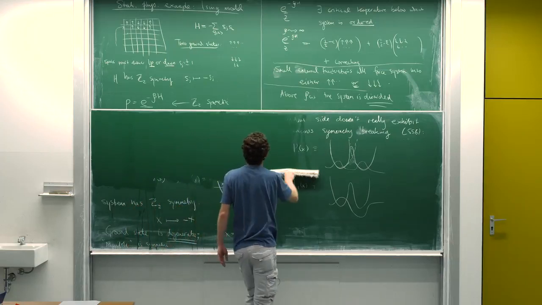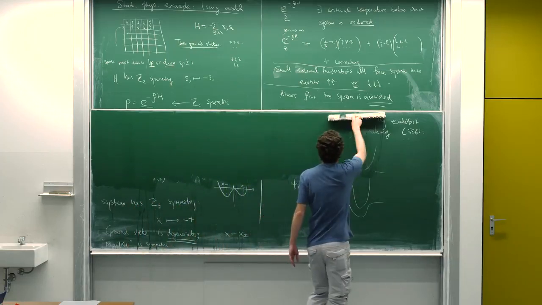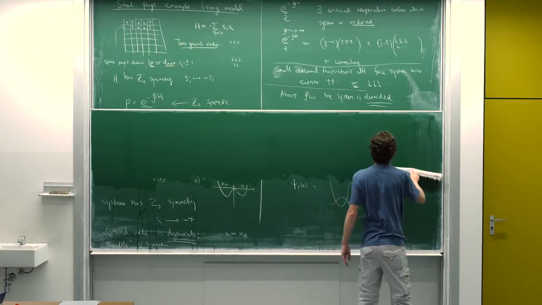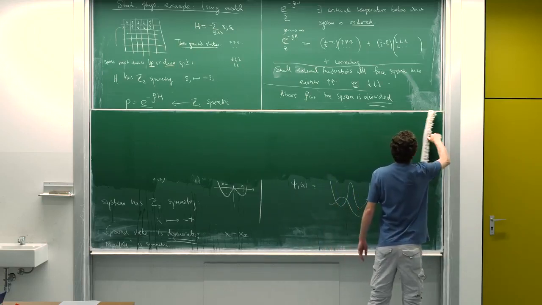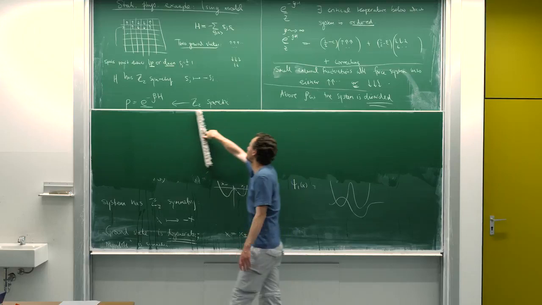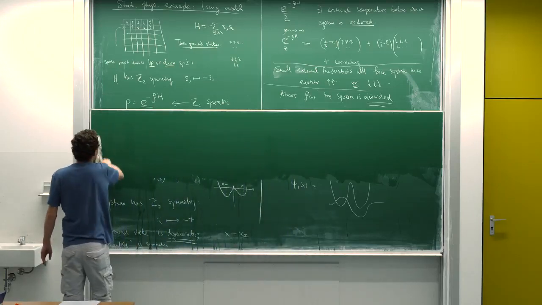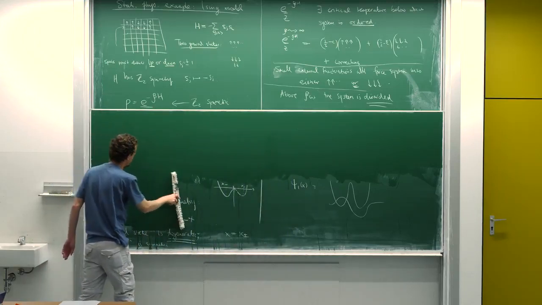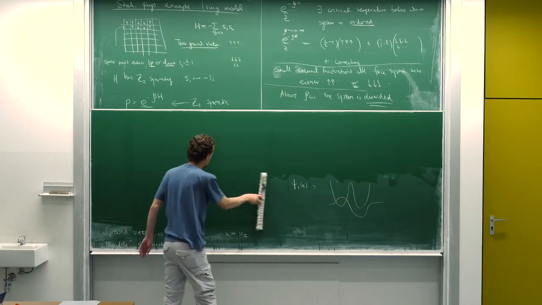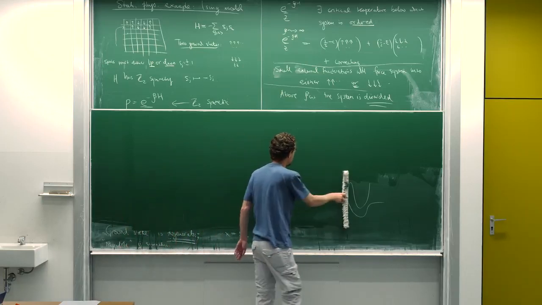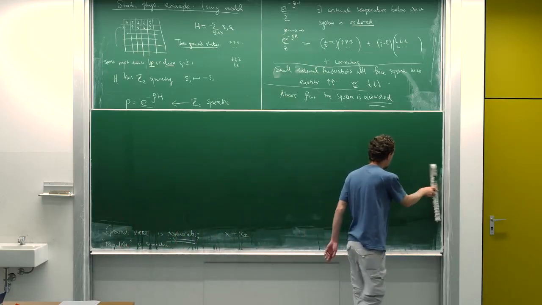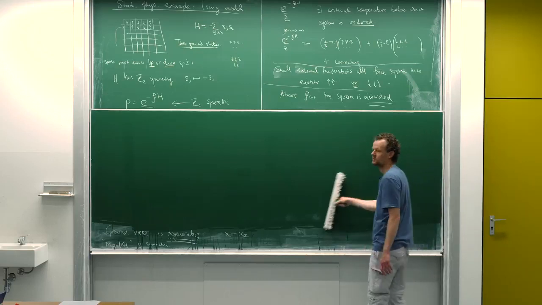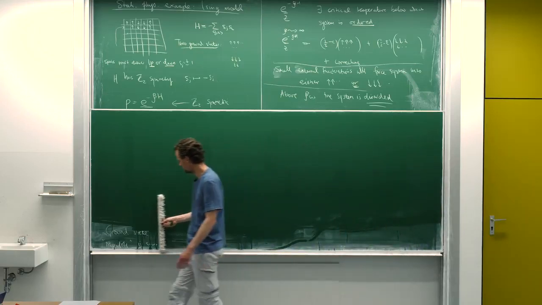So far we've been looking at systems with a discrete symmetry. The system is invariant under some discrete symmetry group. But there are also systems that are symmetric under continuous groups of symmetries.